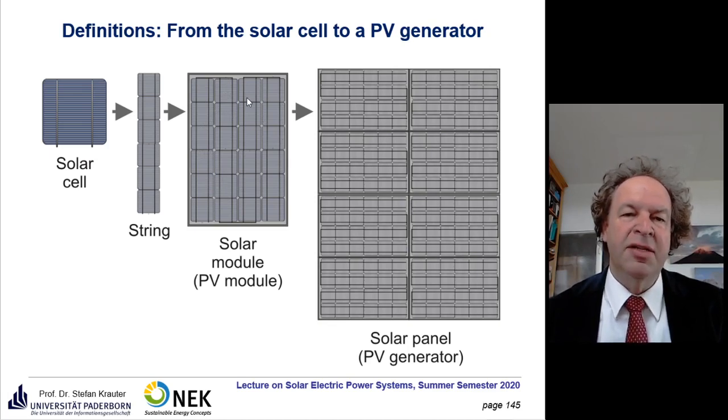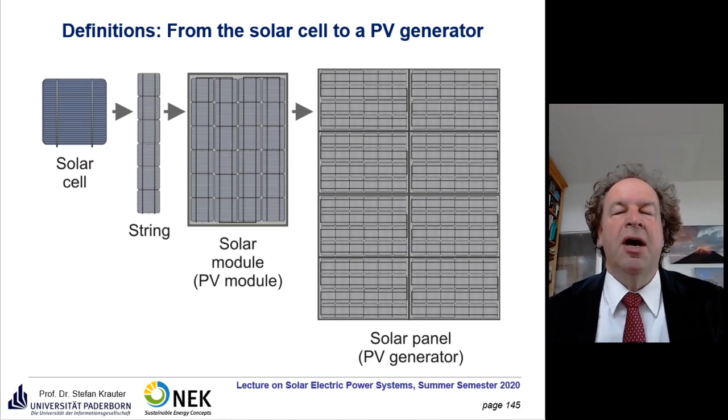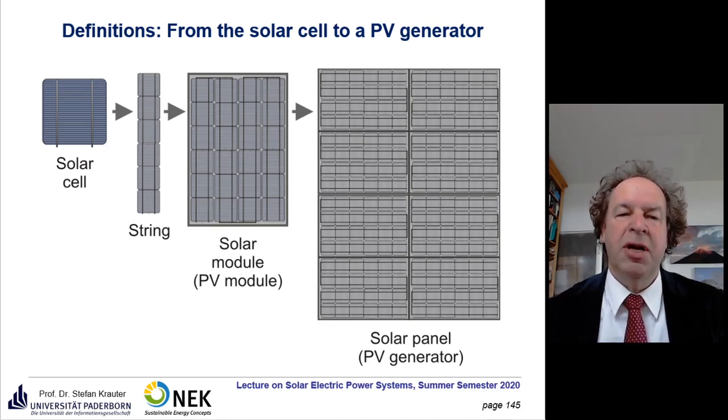If you take a look at some brochures, you find modules with different power values which look pretty much the same. This is due to the sorting. You'll find modules with 390 watts, 395 watts, 400 watts, and 405 watts, and so on. This serves to avoid losses caused by single cells, which may block the total current of the module.